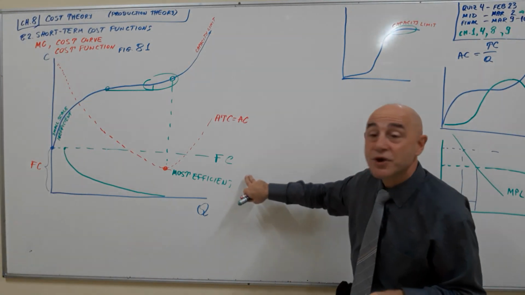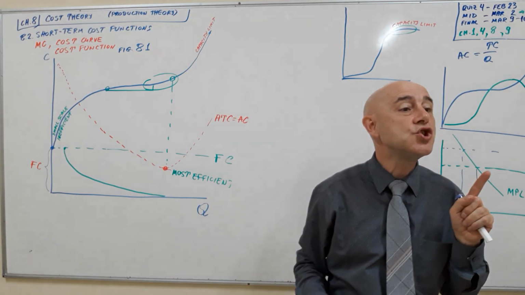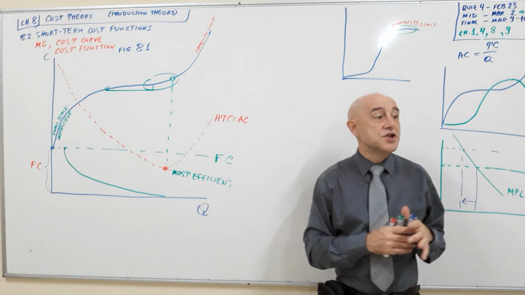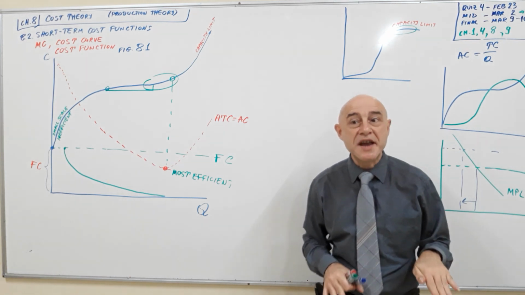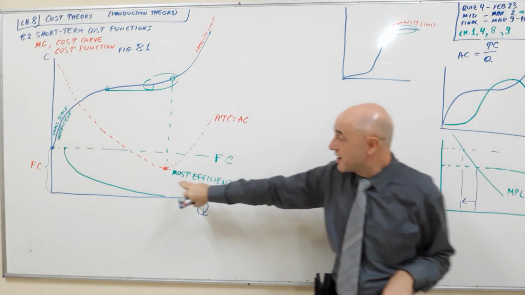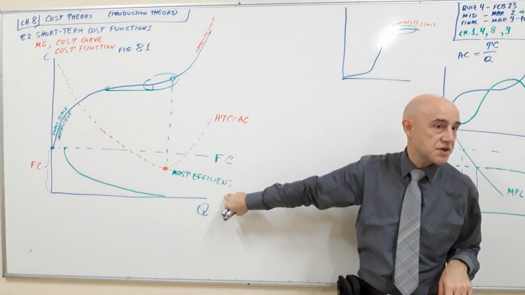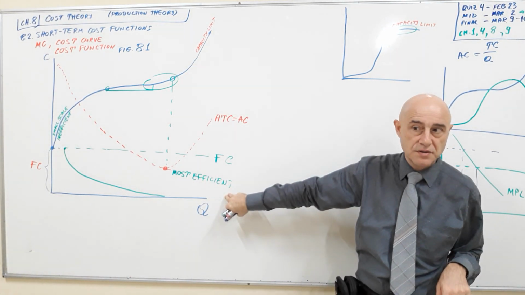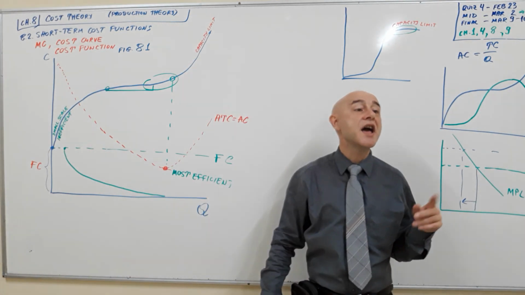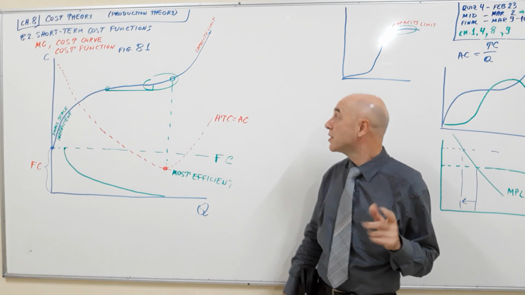This is where the production per unit is cheapest. So, low cost means high efficiency. Lowest cost means highest efficiency or most efficient. Okay? This is the lowest possible average cost, meaning cost per unit.